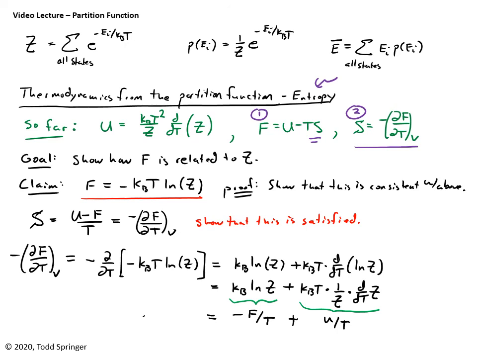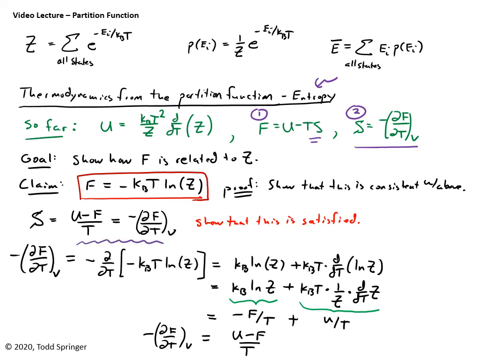So what I showed is that minus dF/dT at constant V, if F has this definition, is equal to U minus F over T. And that's exactly what this says here, right?